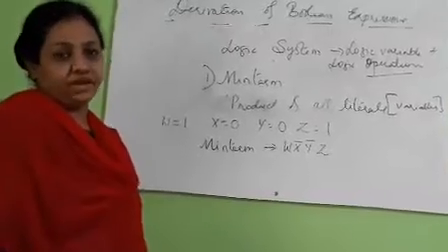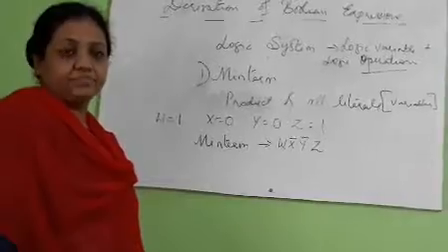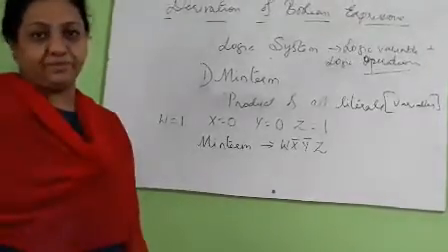Fine everybody. Now let's write a truth table for two variables.